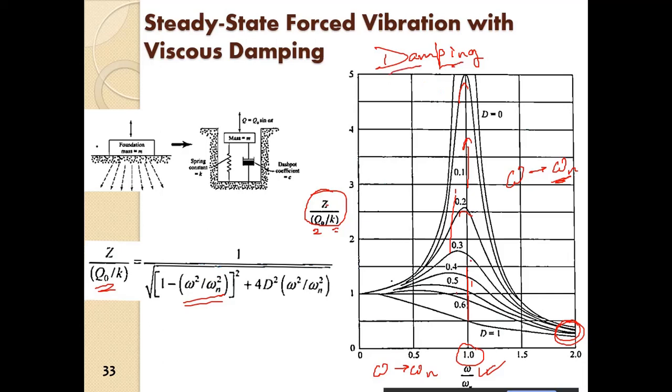If there is a good amount of damping, the amplitude is much smaller. But generally we are in this range, so the damping does not have much effect. That is why in most analyses of machine foundations we generally neglect the damping.